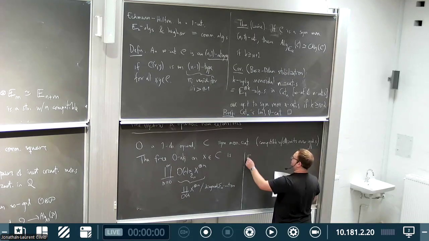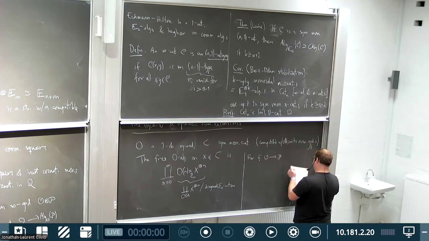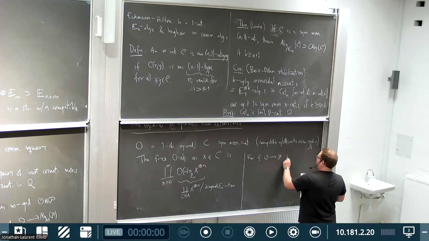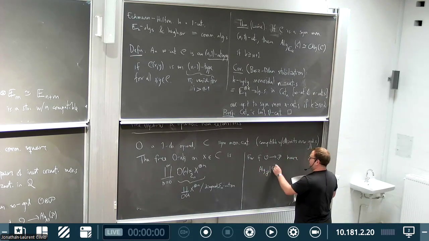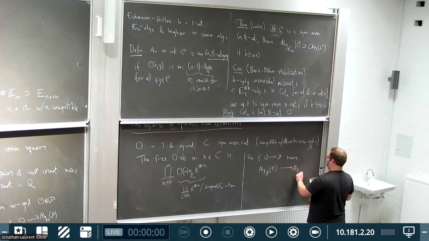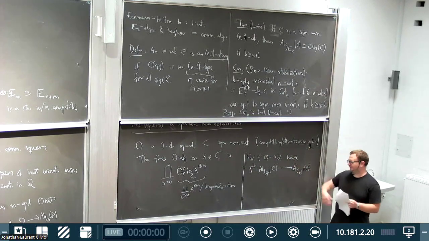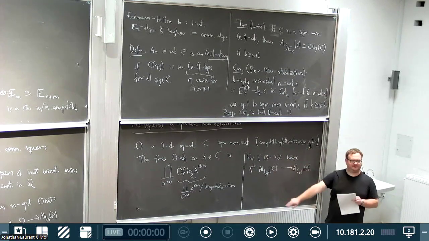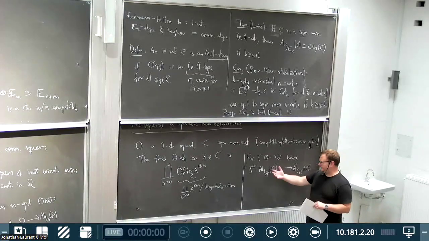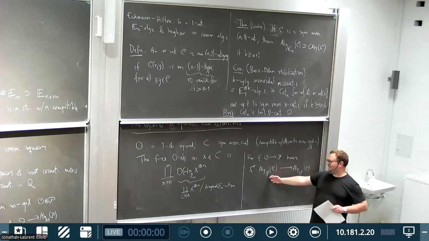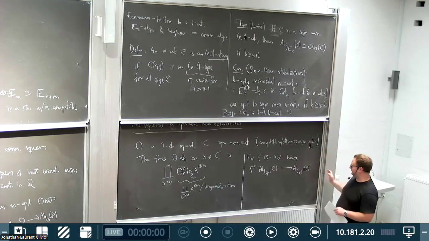If I have any map of operads F from O to P, I can look at a functor from P-algebras in C to O-algebras in C, F star, given by just restricting my algebra structures along F. This makes sense if we think about P-algebras as maps of operads from P to C tensor, and then we're just restricting that along a map of operads.